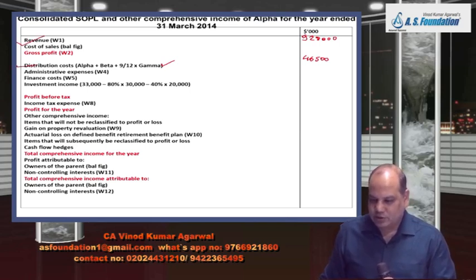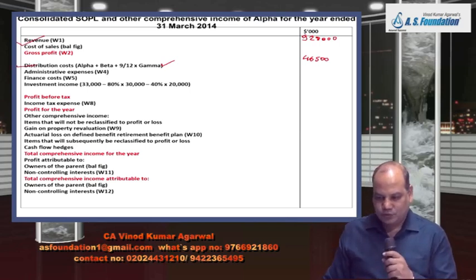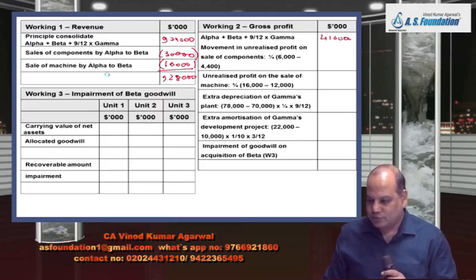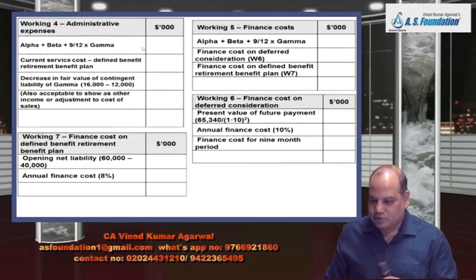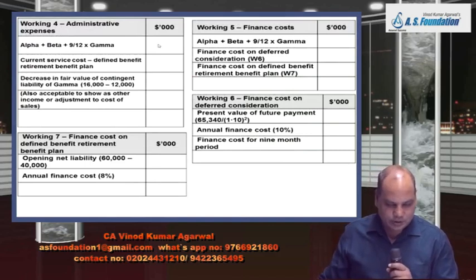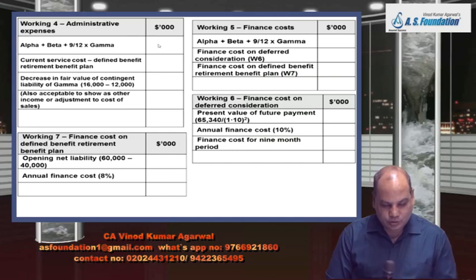Now next is administration expense, working note 4. If you have many adjustments, then you can write in a separate working note. For the time being, what you do, just take the 2 figures full and 1 figure 9 by 12.